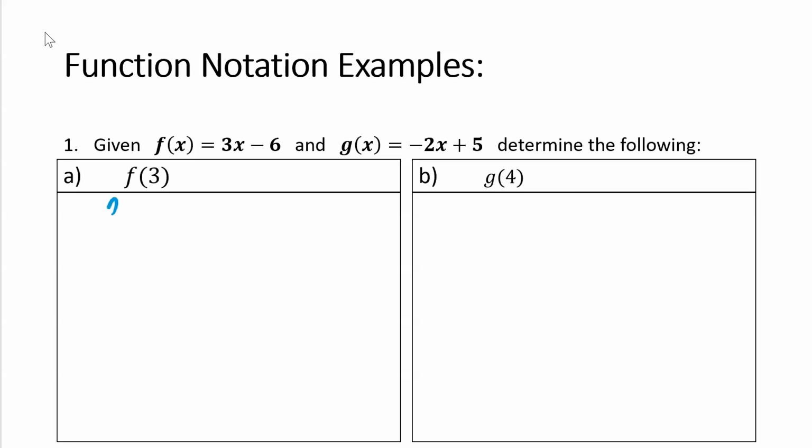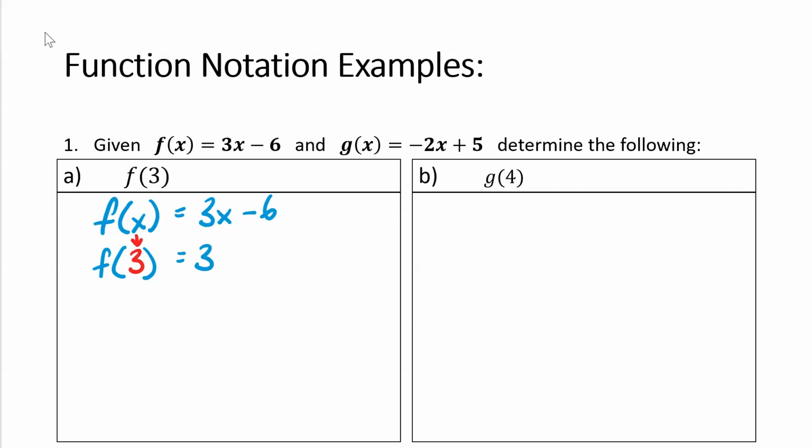Okay, so basically you have the function you're given, f of x equals 3x minus 6. And you're asked, what is the value of that function when x equals 3? So all you have to do is, every time you see x, substitute 3 in there.